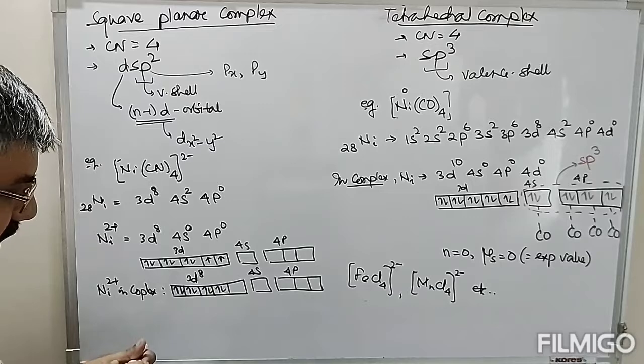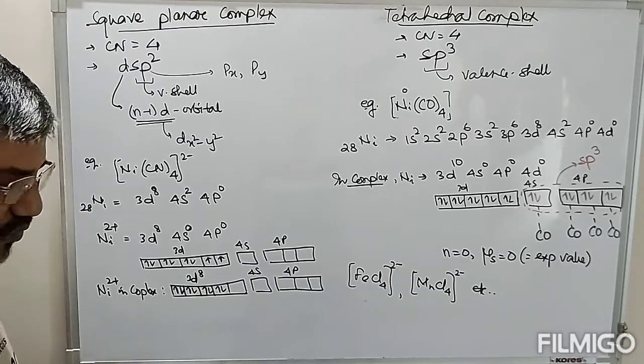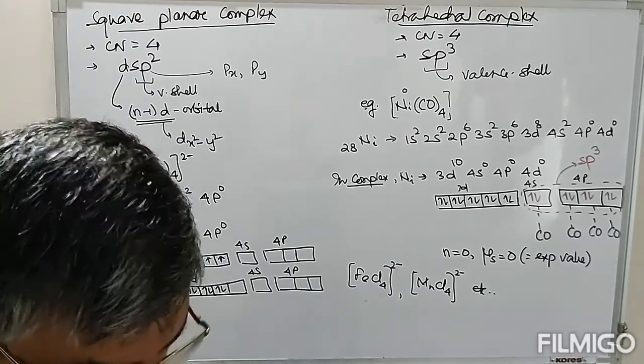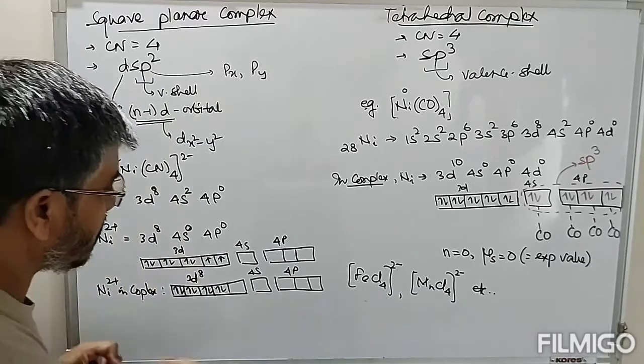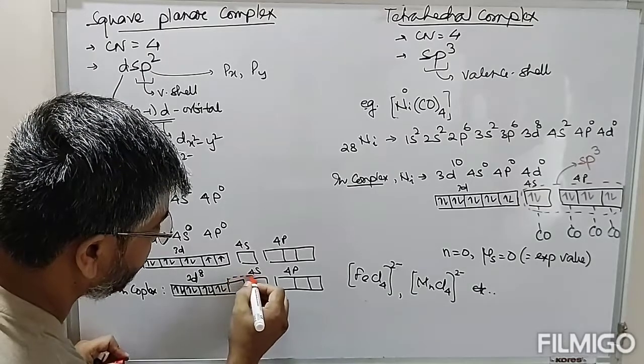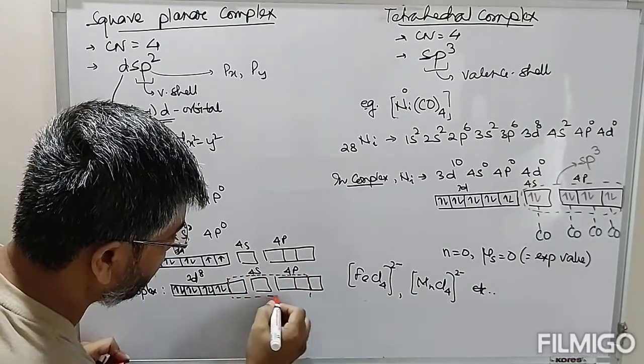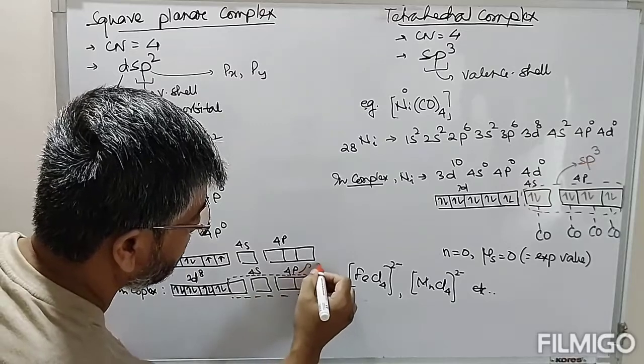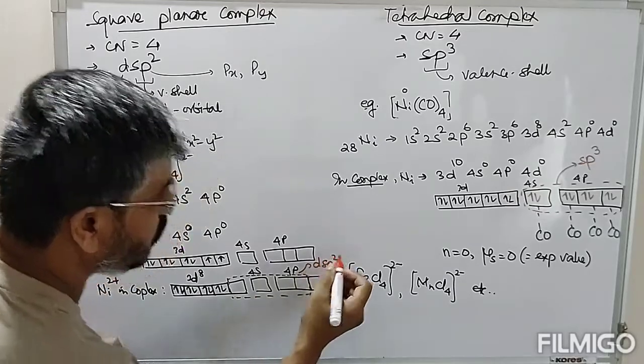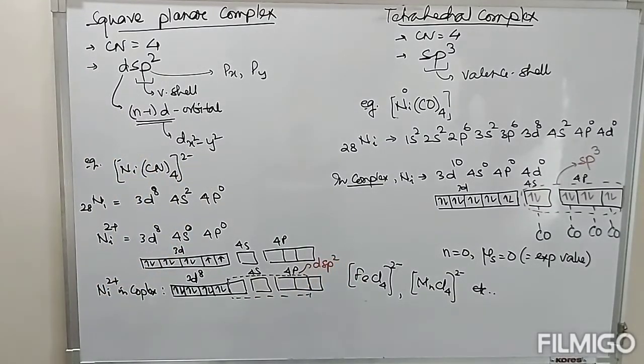Now this (n-1)d orbital is unoccupied, so it undergoes overlapping with 4s and 2 4p orbitals, giving you dsp2 hybridization. Now we have 4 vacant hybrid orbitals.